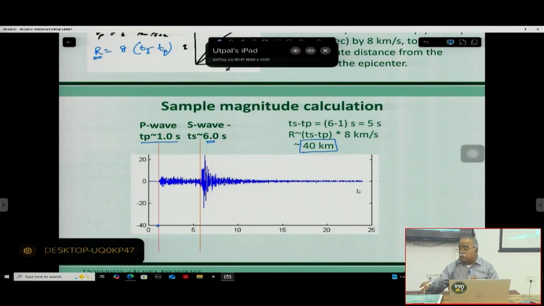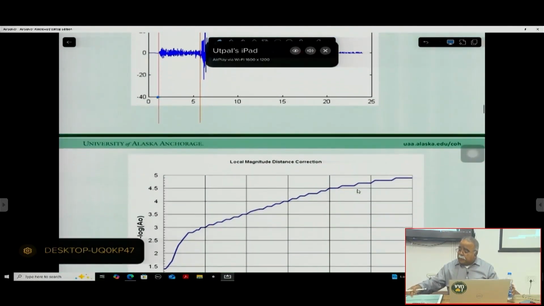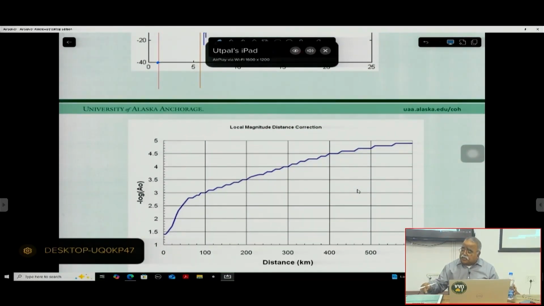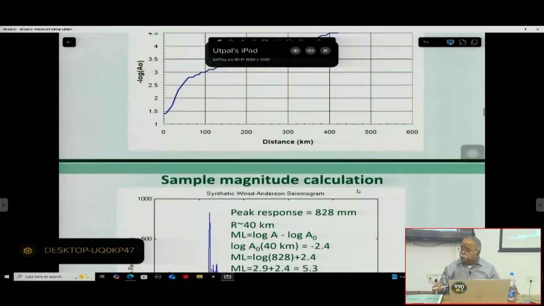Now we need to calculate the magnitude of an earthquake. In order to do that, your distance versus log A0, if you plot, the plot also looks like this. So if you do not like to see the tabular data, if you like to see the graphical results, this is your log A0 by distance formula.